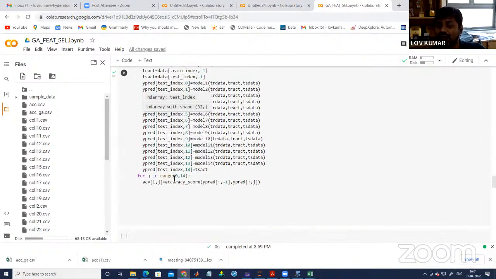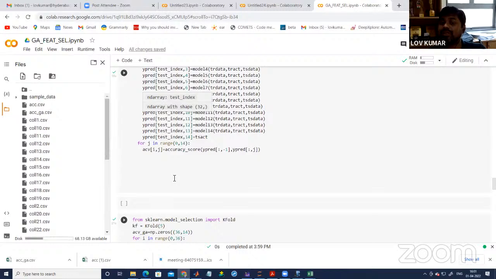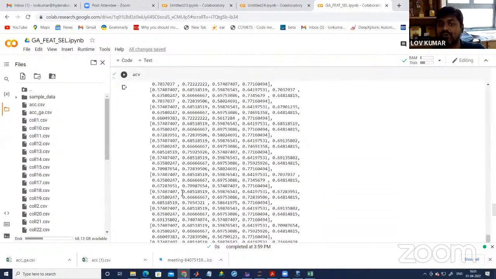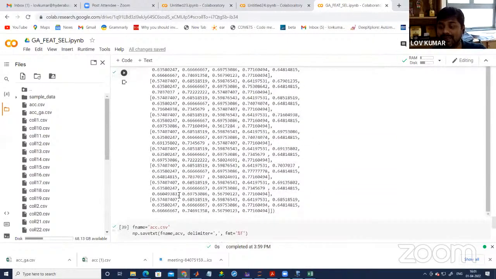Then we find the accuracy if we use all features, and the accuracy if we use the selected features. When we find the average accuracy, we get nearly the same accuracy. So the conclusion is that if we reduce the number of features, if we remove some irrelevant features, we still get similar accuracy.